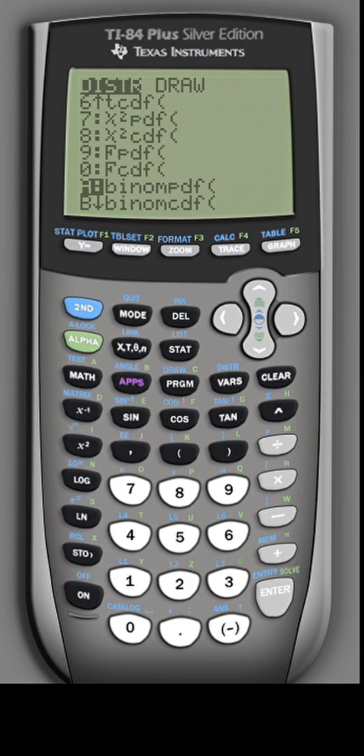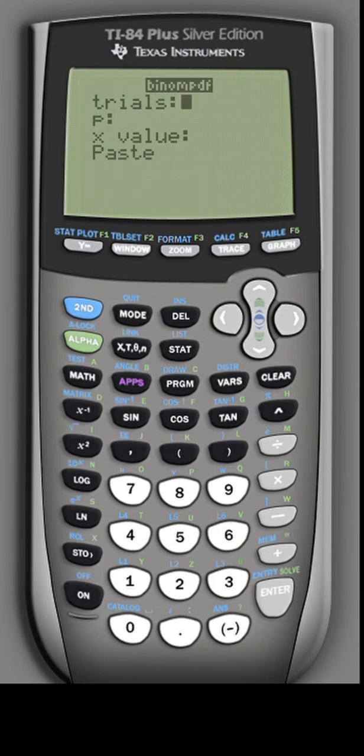The probability has to be a number between 0 and 1. The number of trials has to be a number greater than 0, and it has to be an integer. If you don't specify x, a list of probabilities from 0 to the number of trials is returned. The probability density function is as follows.